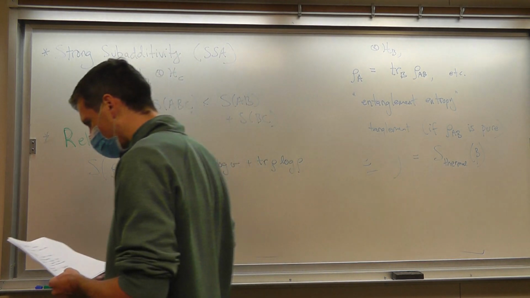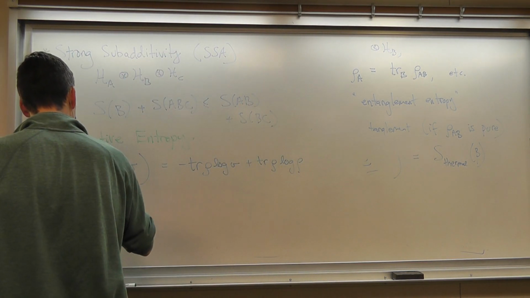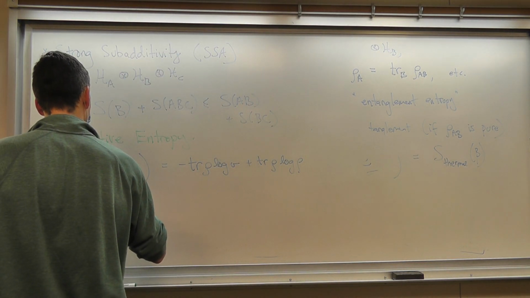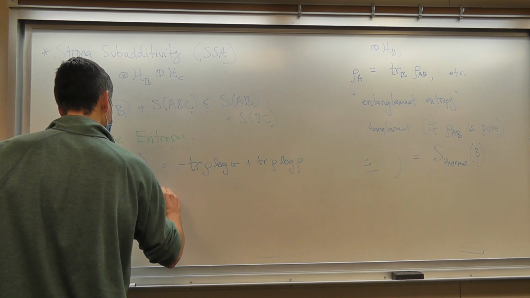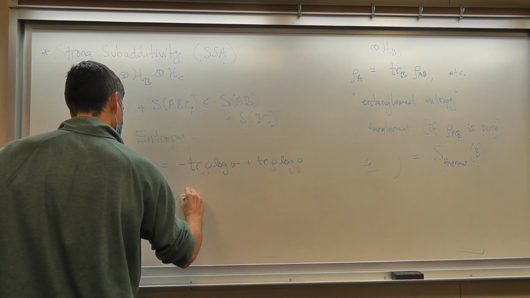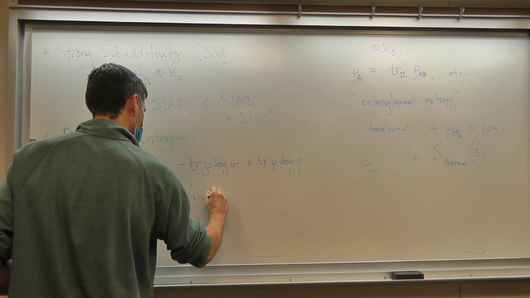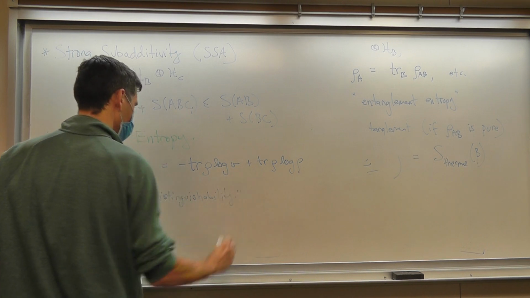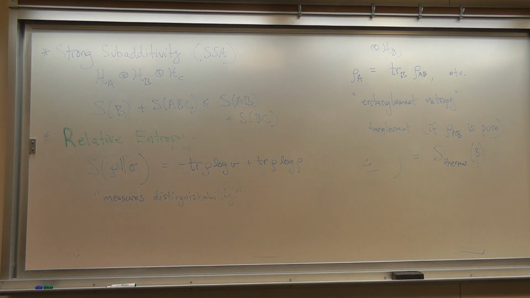I'm not going to go much into the relative entropy. I'll just say that it measures distinguishability of two density matrices. There's a detailed version of that statement which basically says that you can use the relative entropy to determine how many measurements you have to do to tell these two density matrices apart.